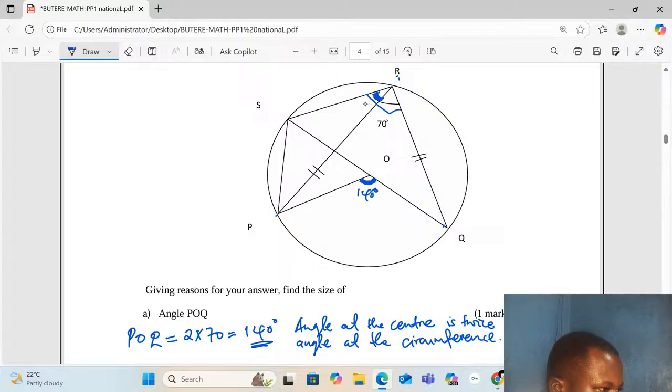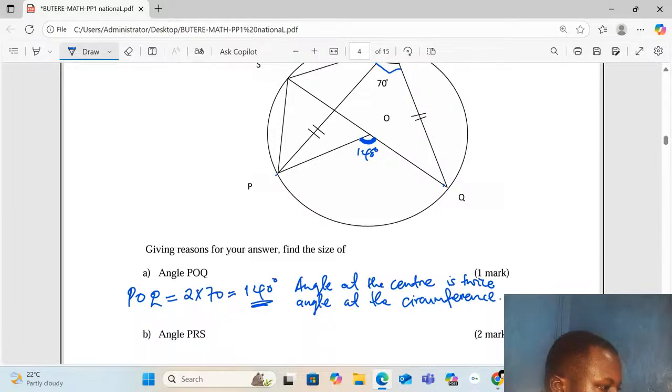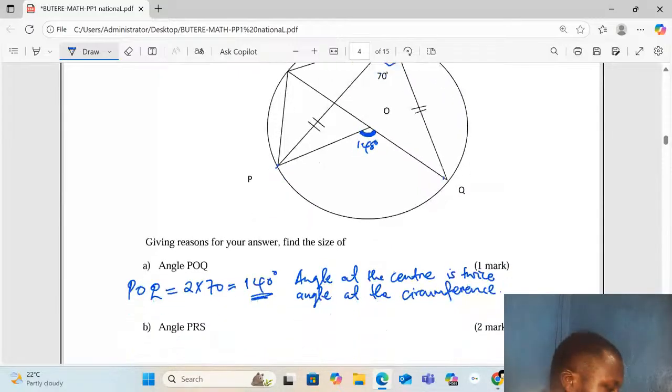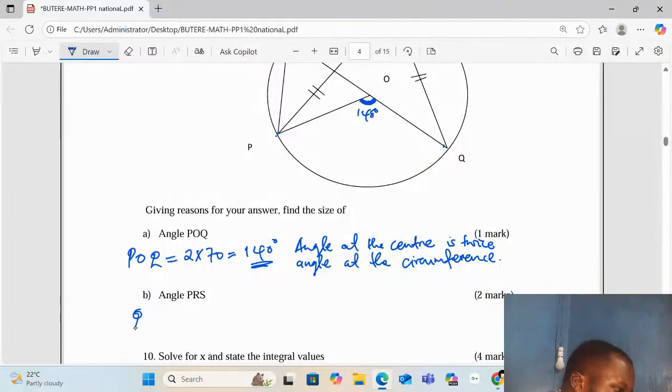So PRS is simply going to be 90 minus 70.